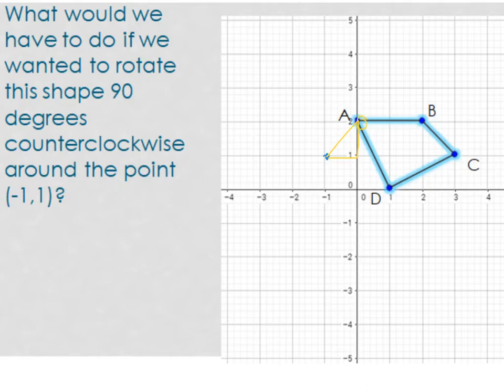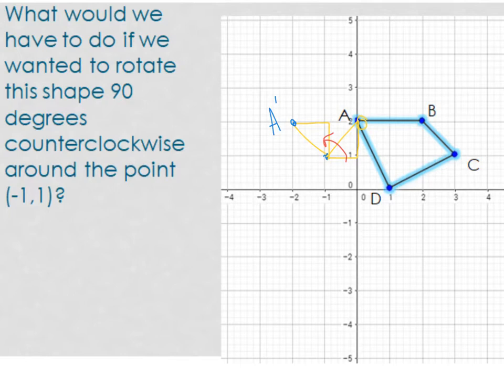Well, if I'm rotating that triangle 90 degrees counterclockwise, it's going to look something like this, right? This right here is a 90-degree rotation. Just kind of turned on its side, which would put A right here, which would be A prime in that case. I like it. So that rotated it 90 degrees counterclockwise. Cool, cool.